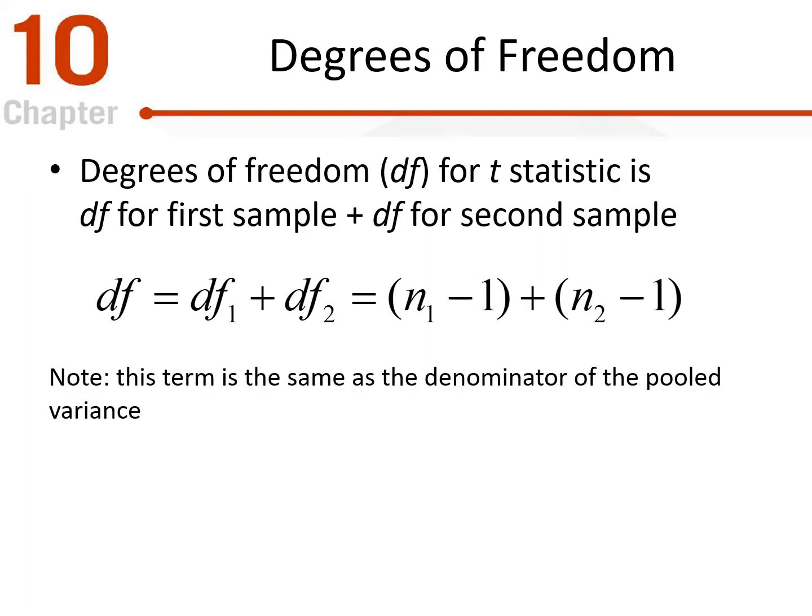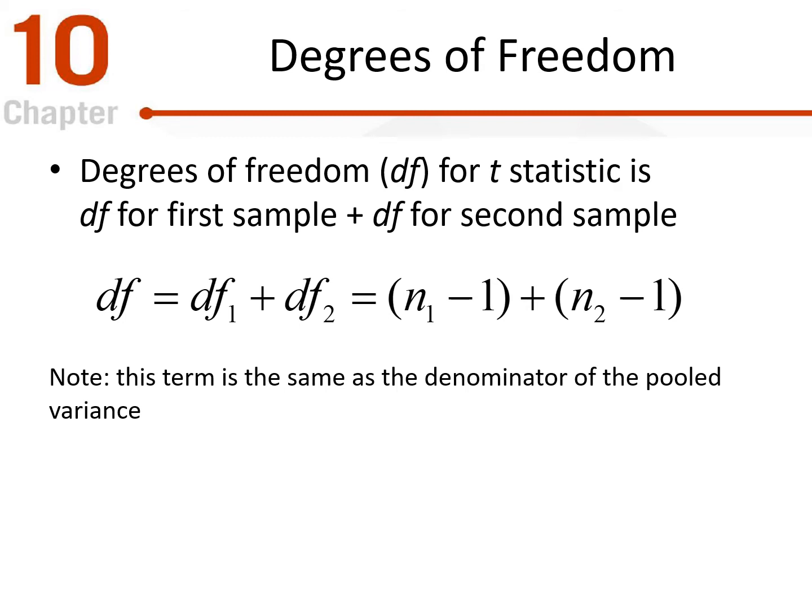You also need the degrees of freedom because that's in the denominator of the pooled variance estimate. The degrees of freedom are equal to n1 minus 1 for group 1 plus n2 minus 1 for group 2. So it's basically n minus 1 for both groups, which then gives you a total of n1 plus n2 minus 2 overall.